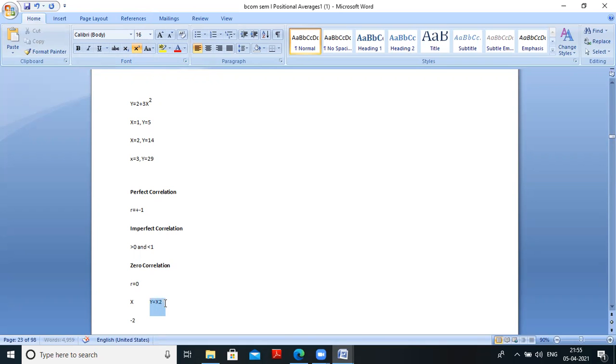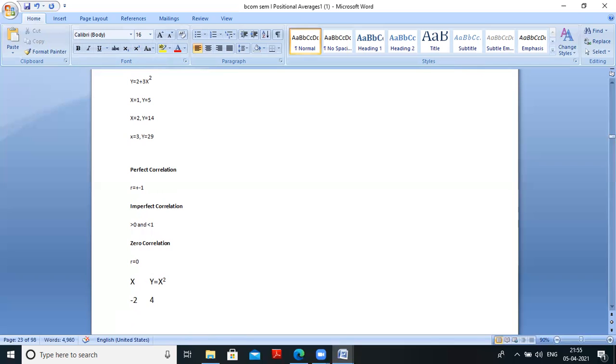Okay, this all is in form of... Suppose X is -2, Y will be equal to 4 in this case, right?